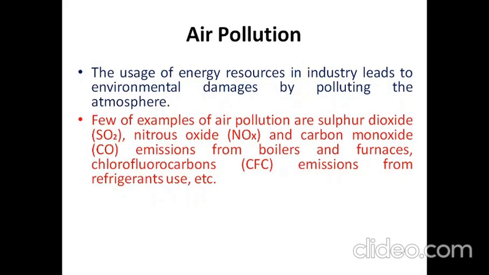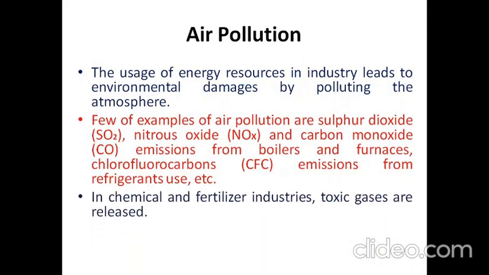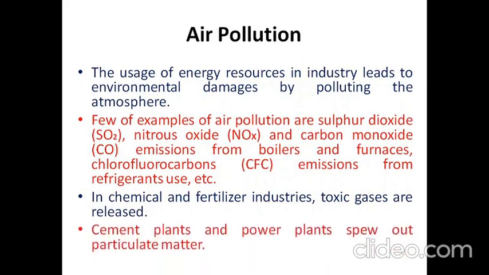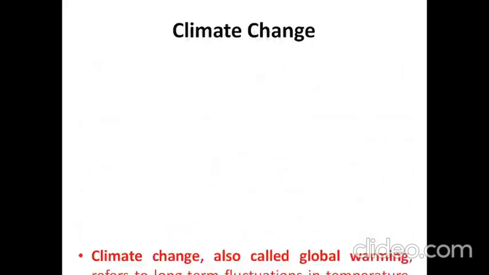These are the main air pollutants. In chemical and fertilizer industries, toxic gases may be released to the atmosphere, which will pollute the air. Cement plants and power plants will emit a lot of particulate matter to the atmosphere and hence cause air pollution.